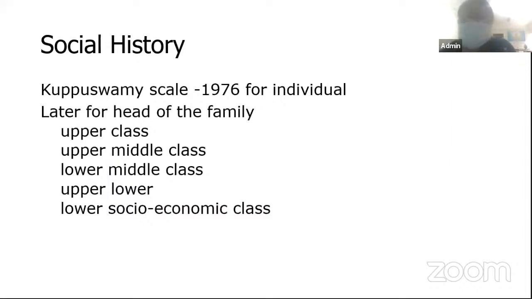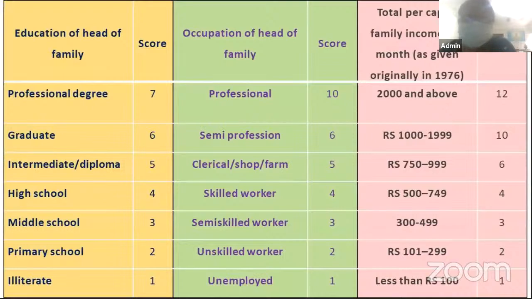Then comes the social history. For social history, we usually use the Kuppuswamy scale, which is from 1976 and has been modified subsequently. We assess some characteristics of the head of the family and divide into upper class, upper middle class, lower middle class, upper lower class, and lower socioeconomic class. The education of the family has some scoring.